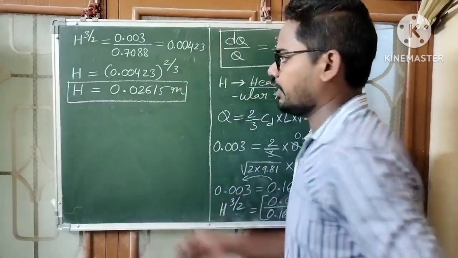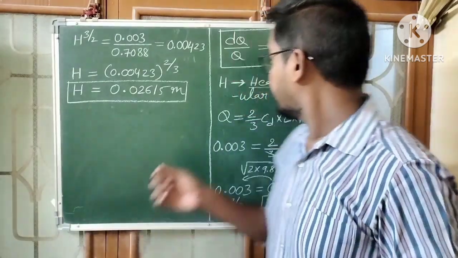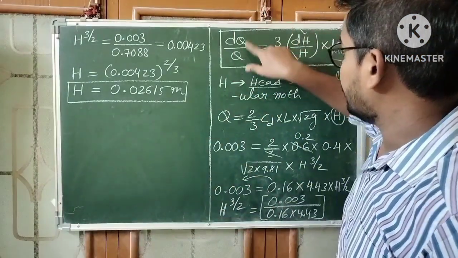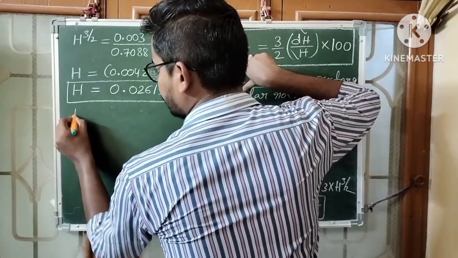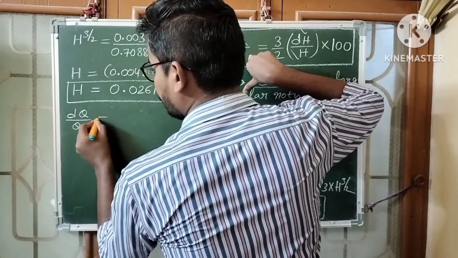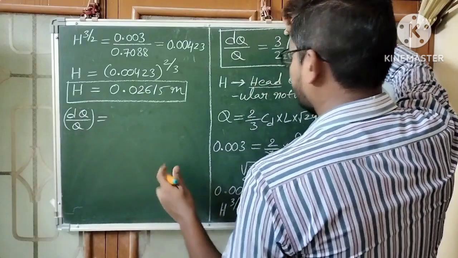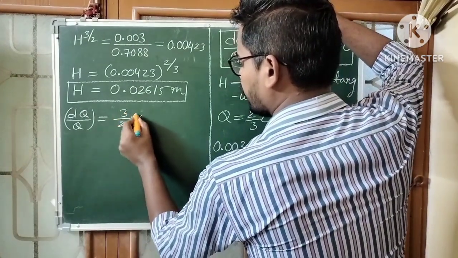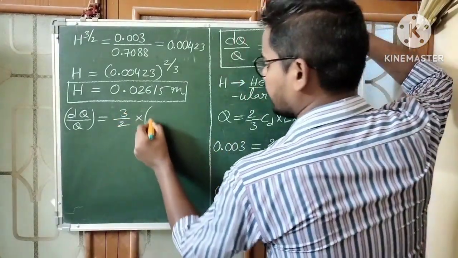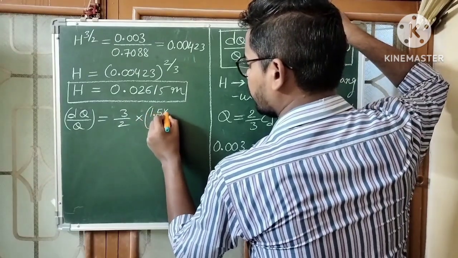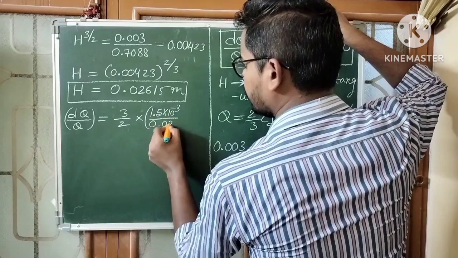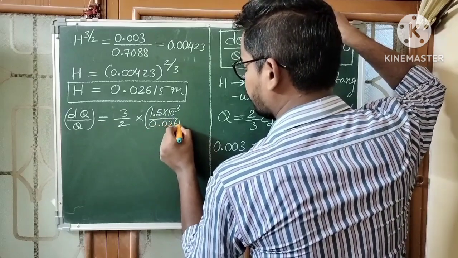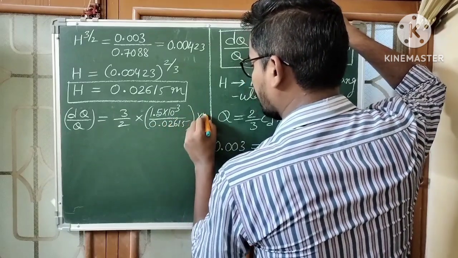Finally, we found the head over the rectangular notch, and now we have to find dQ by Q, the percentage error in discharge. dQ by Q is equal to 3 by 2 into dH by H, with dH already given as 1.5 into 10 to the power of minus 3, and H just calculated as 0.02615, into 100.